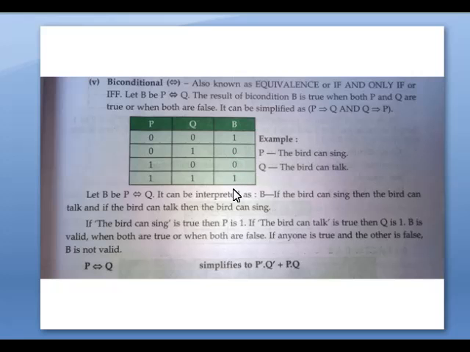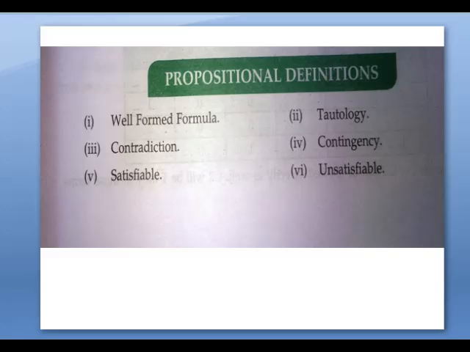Okay, students. Now we are going to see some definitions in propositional logic. First one is well-formed formula. Second one is tautology. Third one is contradiction. Fourth one is contingency. Fifth one is satisfiable. And sixth one is unsatisfiable.